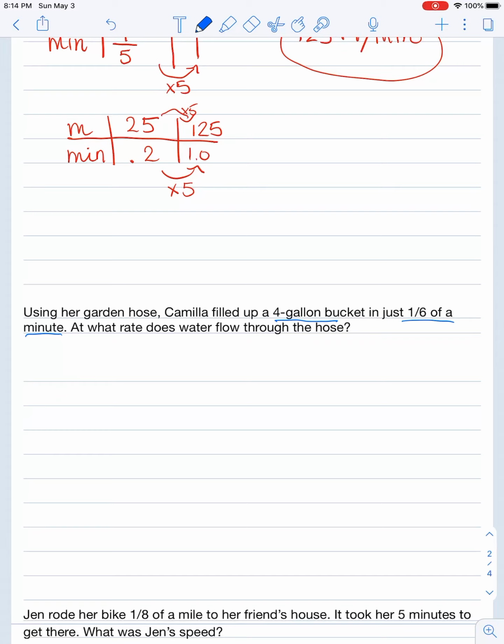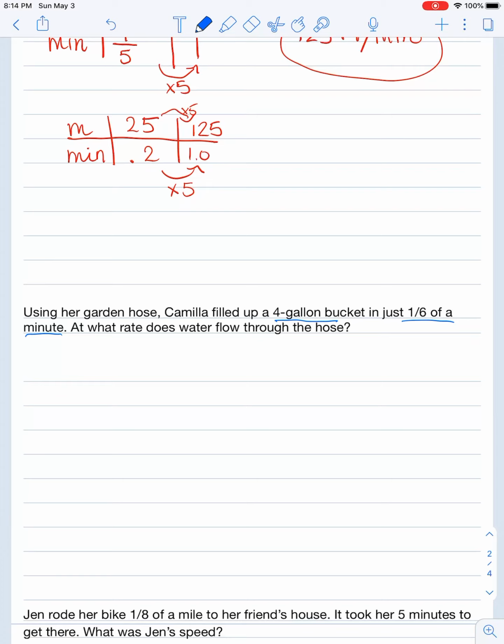If she filled a 4-gallon bucket in 1/6 of a minute, and we're looking for how much she could fill in 1 whole minute, would that be more or less than 4 gallons? Okay, so if you think about it, you should come up with the notion that she should be able to fill up more than 4 gallons because she has a whole minute as opposed to just 1/6 of a minute.